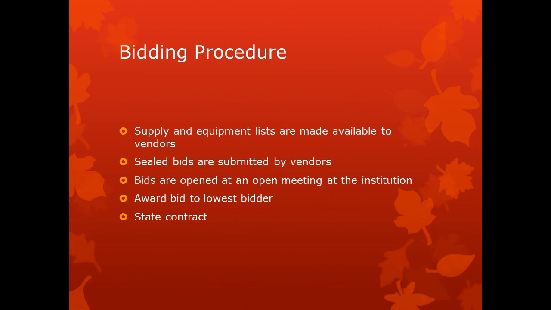The envelopes and information will arrive either at our school or at our accounting departments, and they'll be gathered, and normally we'll have a cutoff date for the vendors to send their bids back. You know, they're due at 12 o'clock on whatever day. They're opened at an open meeting at the institution.